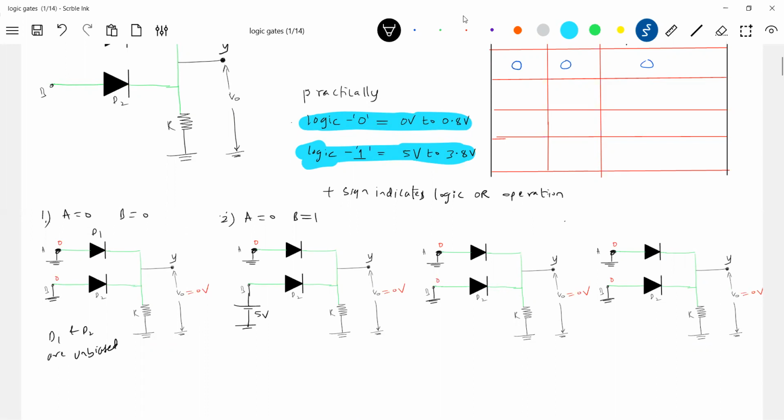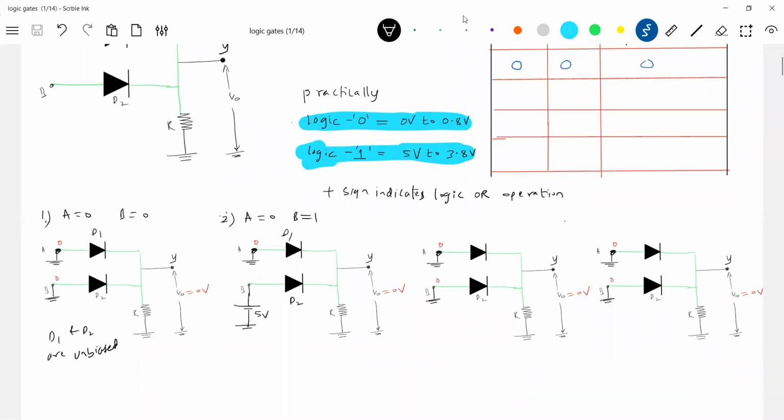Now D1, biased or unbiased? D1 is unbiased. What about D2? D2 is forward biased. If D2 is forward biased, then something will happen. What can be the output voltage?